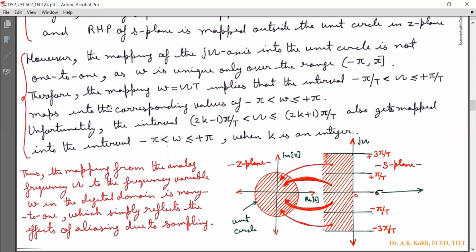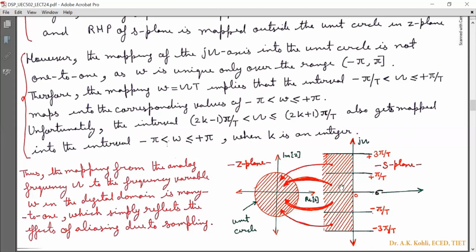Therefore, the mapping small omega is equal to capital omega into capital T implies that the interval minus pi by T to plus pi by T, that is capital omega, angular frequency in continuous domain, lying between minus pi by capital T to plus pi by capital T, maps into the corresponding values of small omega lying between minus pi to plus pi.